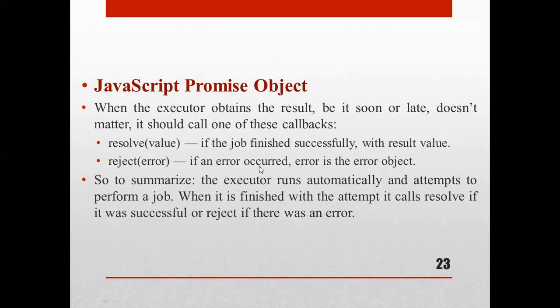If any error occurred, it will return the error object. To summarize, the executor runs automatically and attempts to perform a job. When it is finished with the attempt, it calls resolve, which returns the value, and if it was not successful, it calls reject, which gives an error.